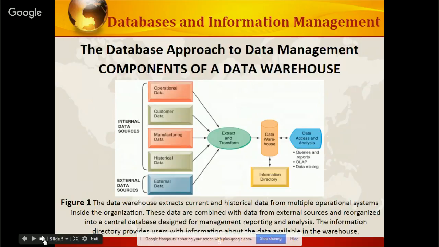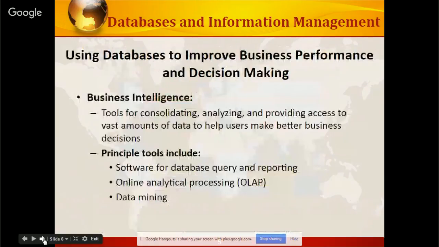I'm going to just breeze through, as I say, using the database to improve business performance and decision making. You have business intelligence, tools that you use to analyze and provide access to vast amounts of data so that you can make decisions more quickly. And we have looked at different business intelligence systems that you can use to actually access this information.